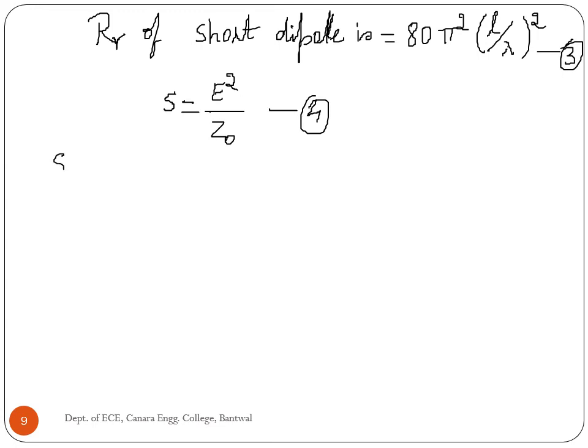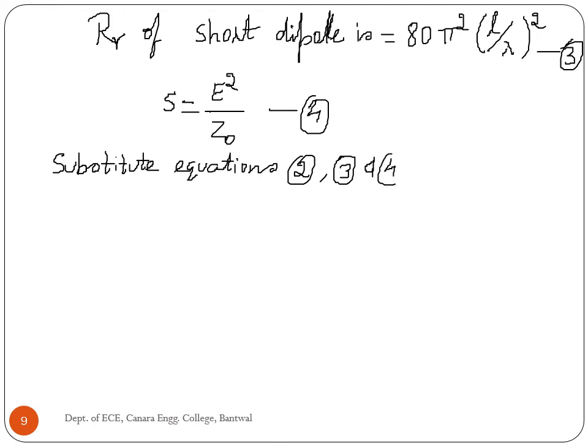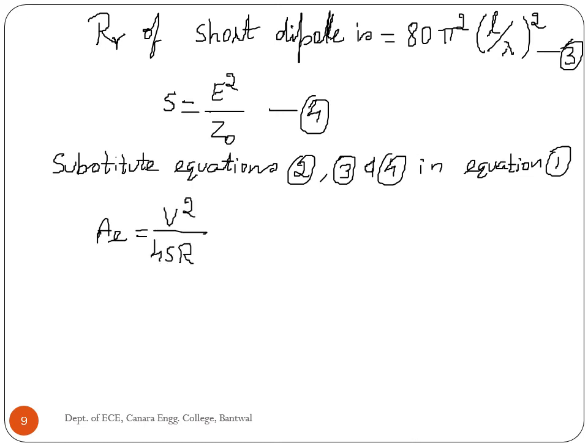Now substitute equations 2, 3 and 4 in equation 1, then we get AE is equal to V square divided by 4 S RR.